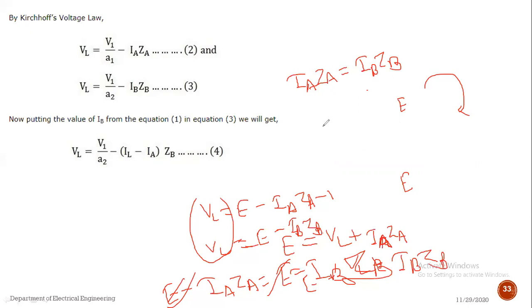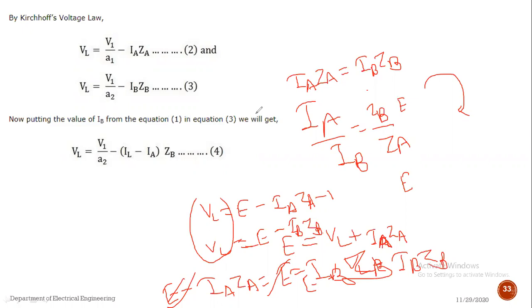Now if we write this equation in this form, IA divided by IB, shifting IB here, equals ZB divided by ZA, right? We are just rearranging: IA divided by IB equals ZB divided by ZA.